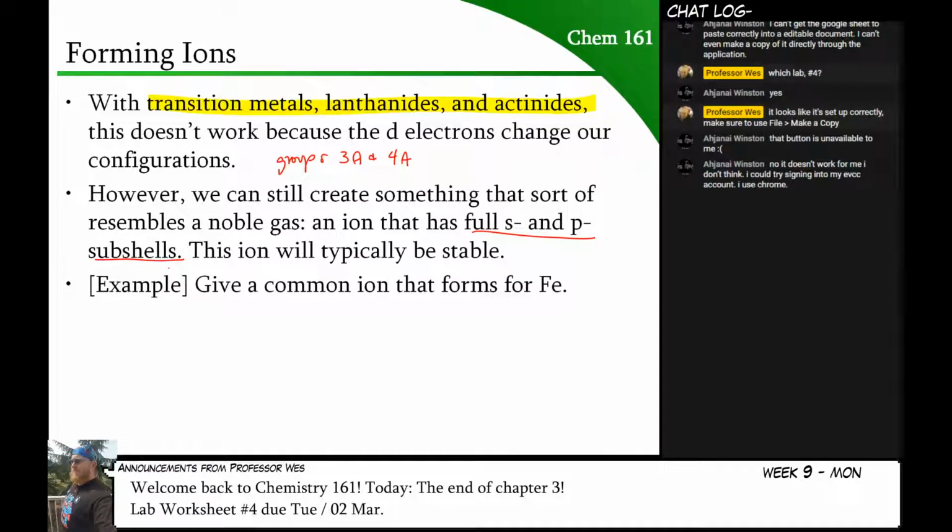So, for instance, if I look at iron, and I write out iron's electron configuration, that would be this. So we want it to look like a noble gas, and the noble gas that comes before it would be argon. So I'm going to write that. And it would have 4s2, 3d, and then it's iron. So that'd be 1, 2, 3, 4, 5, 6.